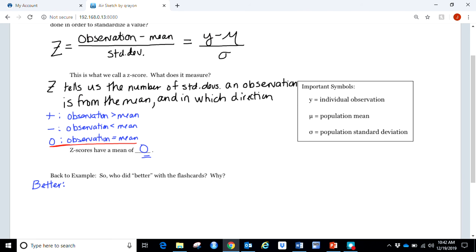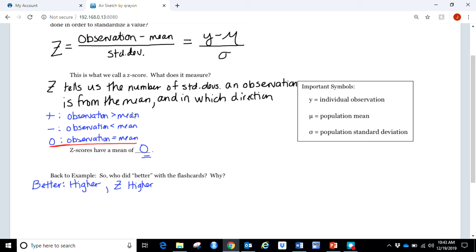Early on we said the more they got correct, the better. So here higher is better when it comes to the number of flashcards we got correct in 1 minute. That tells me I want my z to be higher. So the higher the z-score, the better the student did.